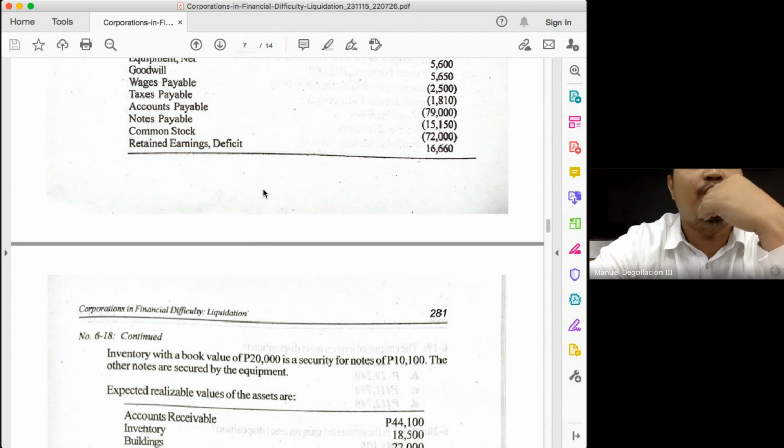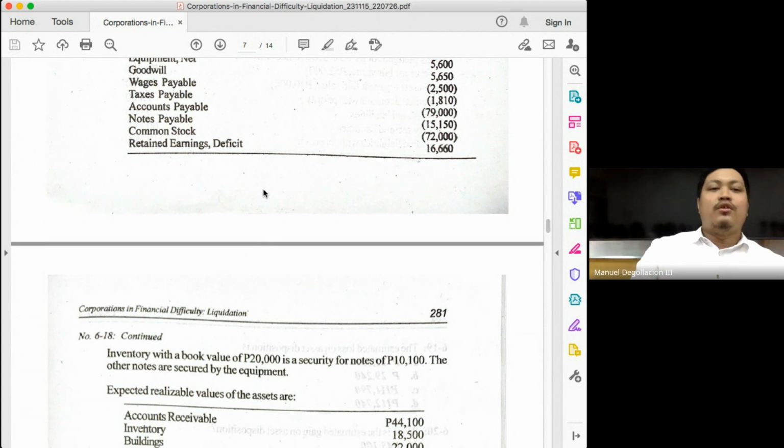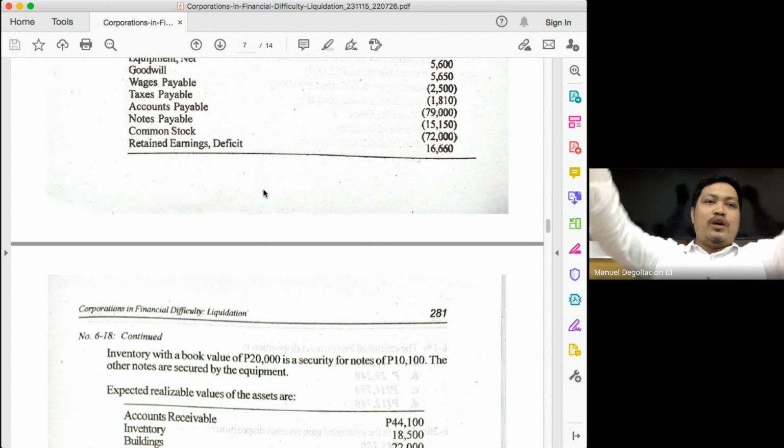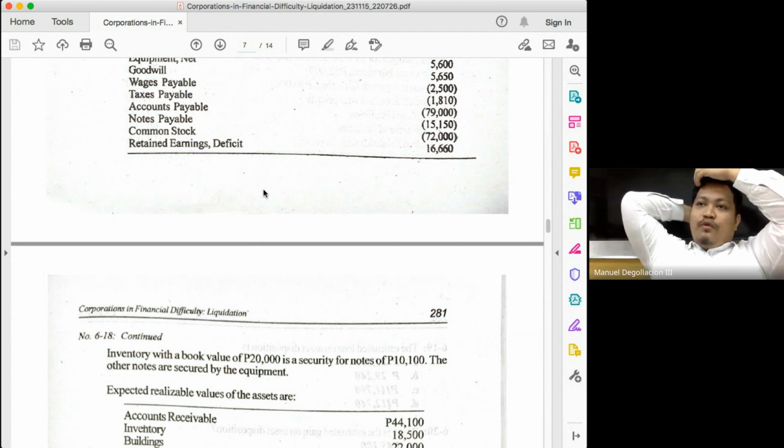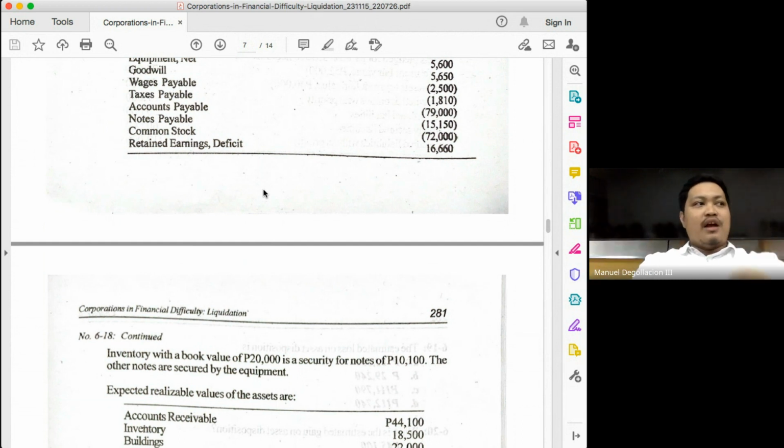Because unsecured with priority will receive 100% or full amount of their claims. Next question, how much would be paid to your partially secured and to your unsecured without priority? To answer those two questions, you need to compute for the recovery rate. And for your recovery rate, you will need your net free assets divided by your total unsecured liabilities without priority.